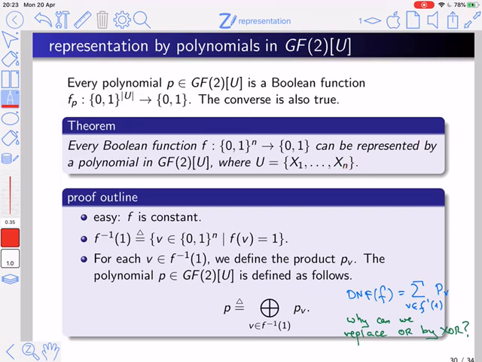This is a very interesting theorem because if you consider, for example, the set of real functions, then it is not true that there exists a polynomial such that, say, p of x equals sine of x. There does not exist a polynomial p of x such that p of x equals e to the power of x.